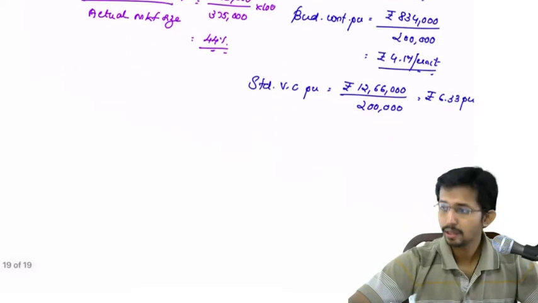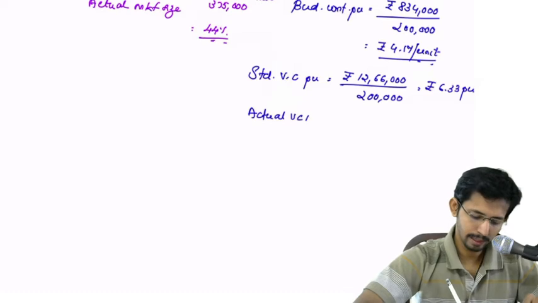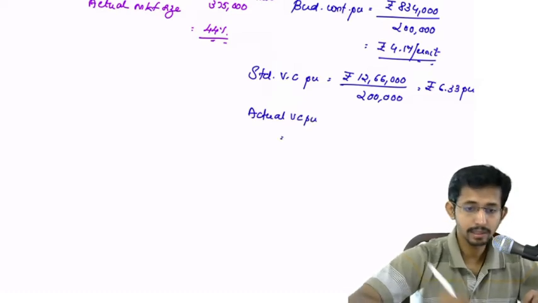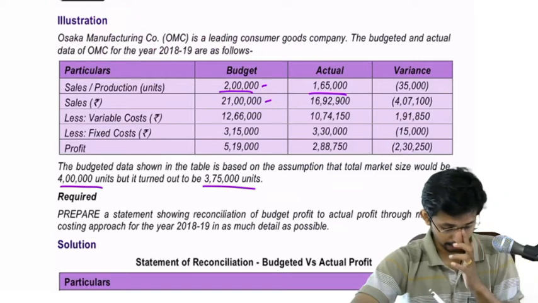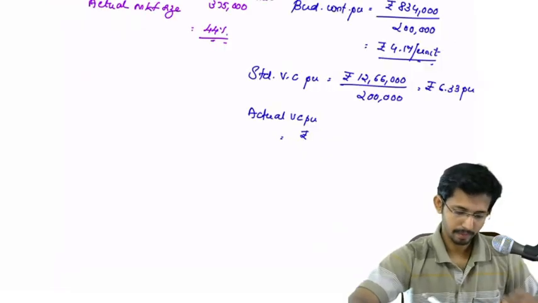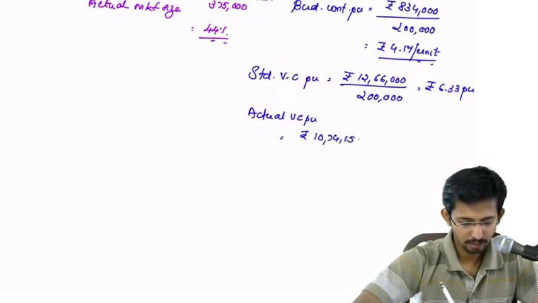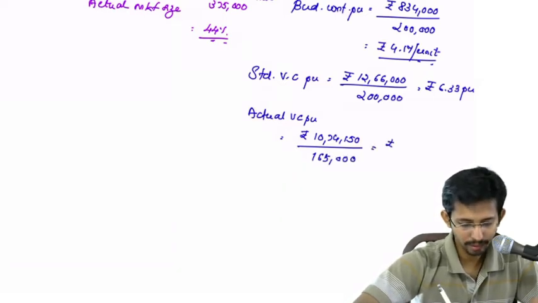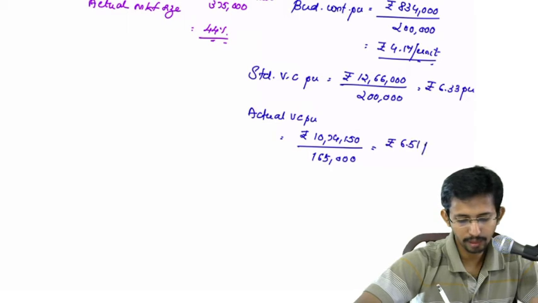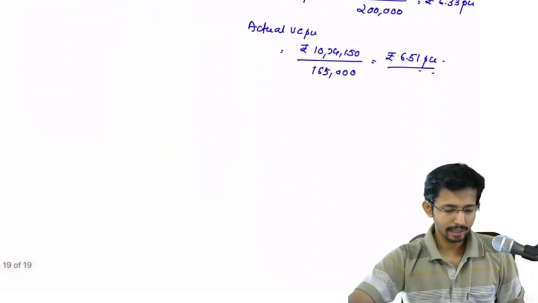And you have actual variable cost per unit. Actual variable cost is given to be 10,74,150, divided by 1,65,000. So that will give you rupees 6.51 per unit. Okay, so that is the calculation part.